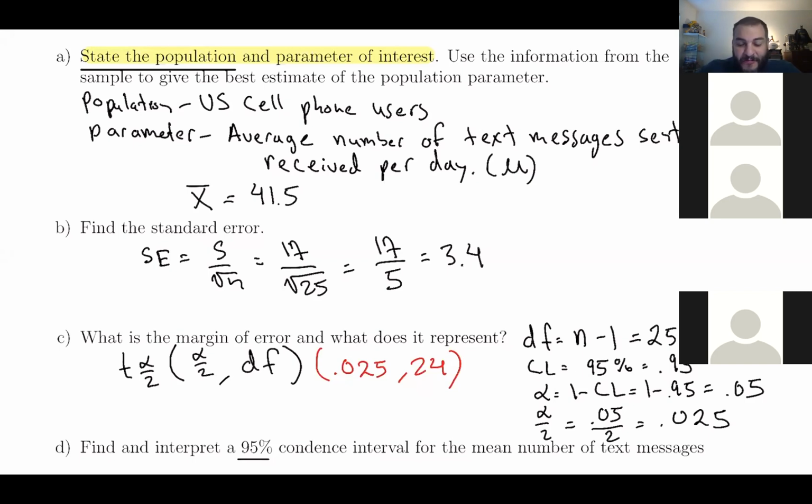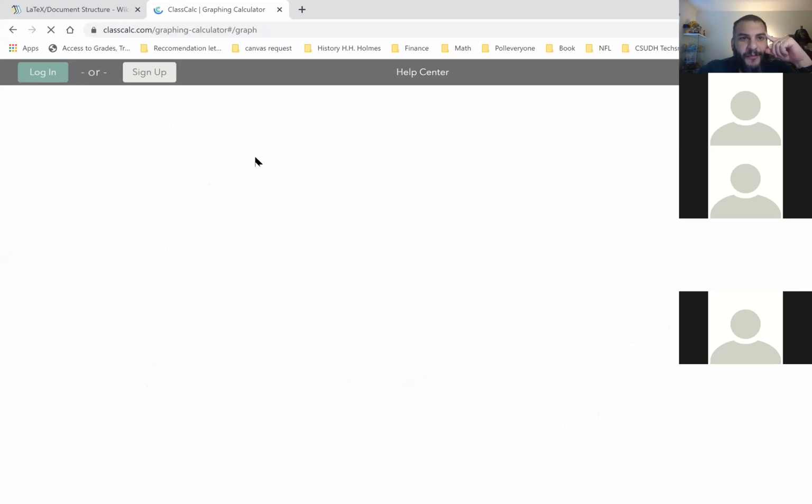If you don't practice or use it, you're not going to get very proficient. So always practice. Even right now you should be following along and doing this with me in ClassCalc, so that you could get some practice on it.